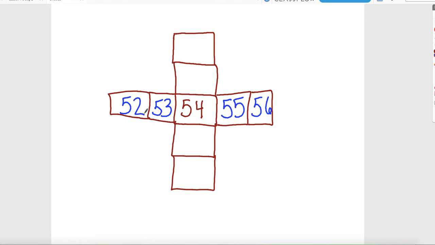So if I start at the number 52, and I want to go 10 more, I go down 1 row. You can look in your number grid in the back of your book if you're here in the classroom, or you can look at the number grid on your desk. You have those 2 resources. If I start at 52 and I count down 10 more, what number am I on? Rosemary, what number do I land on? Oh, I'm sorry. 62. I land on 62, you're right.